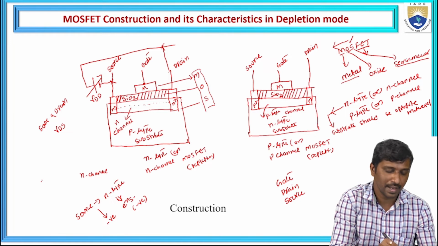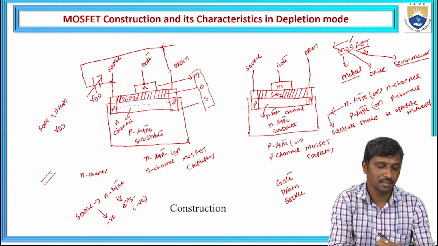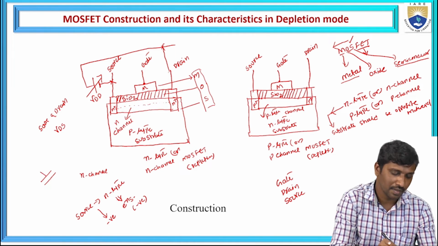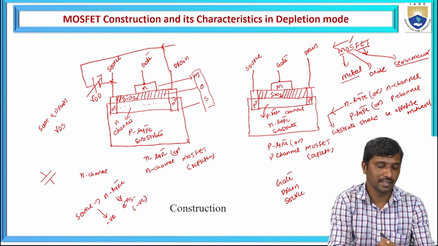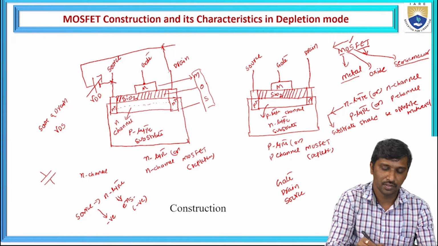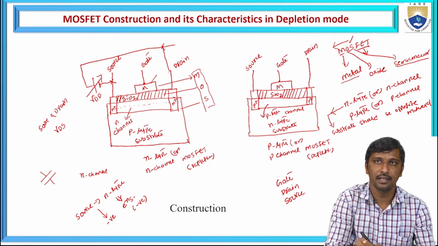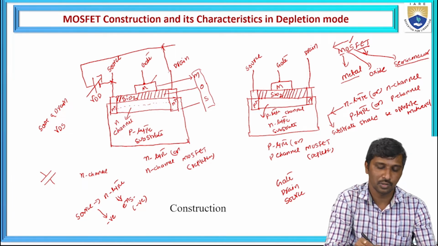If you recall the capacitor principle, a capacitor also contains two conducting plates with a dielectric medium between them. In this construction, the metal is a conducting plate, the silicon dioxide is the insulating medium, and the semiconductor is the other plate. Hence it also acts as a capacitor.